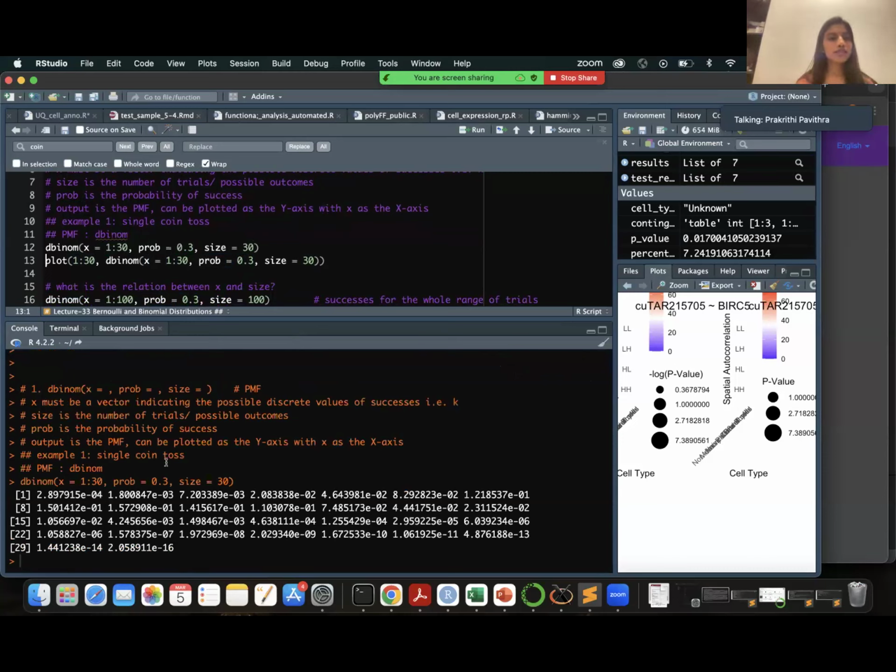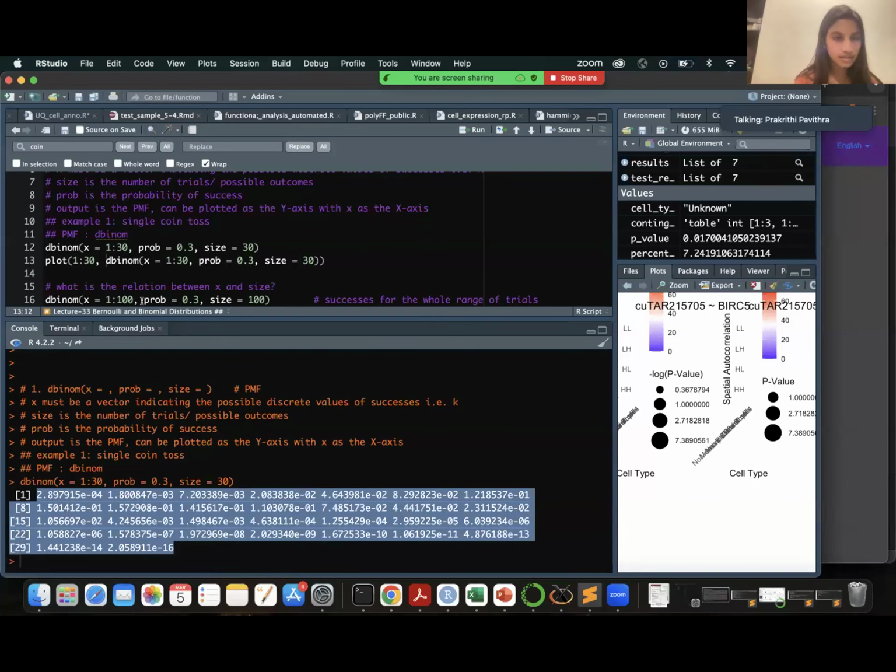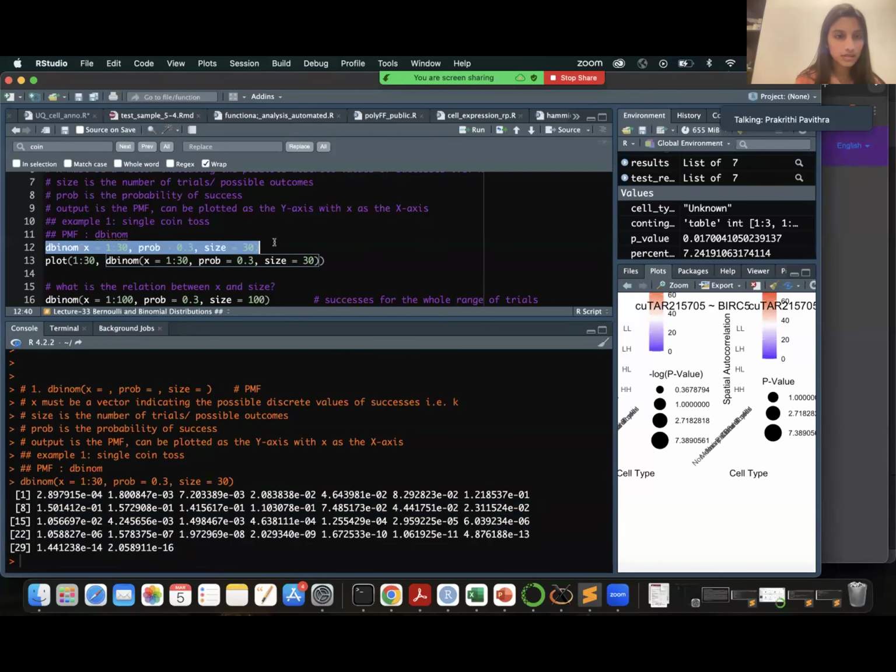So when you plot a function, you have to define plot(x, y). In your x-axis, you want all these values, 1 to 30. In your y-axis, you want all these values, so you just write this whole thing in your y-axis. Or you can also define this in a variable, and then just write plot(1:30, y).